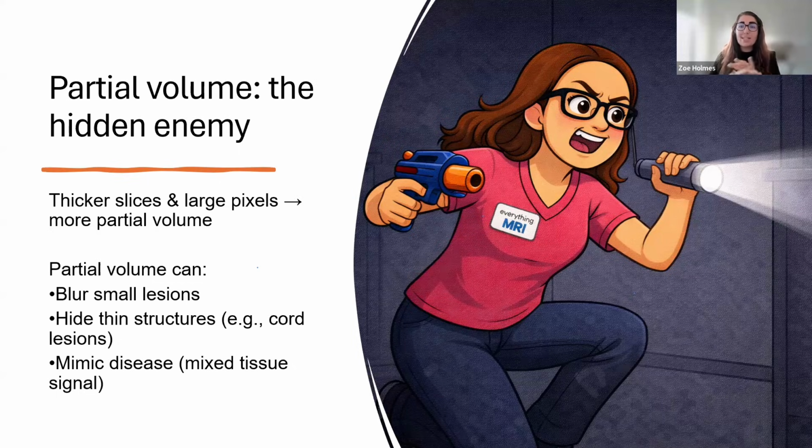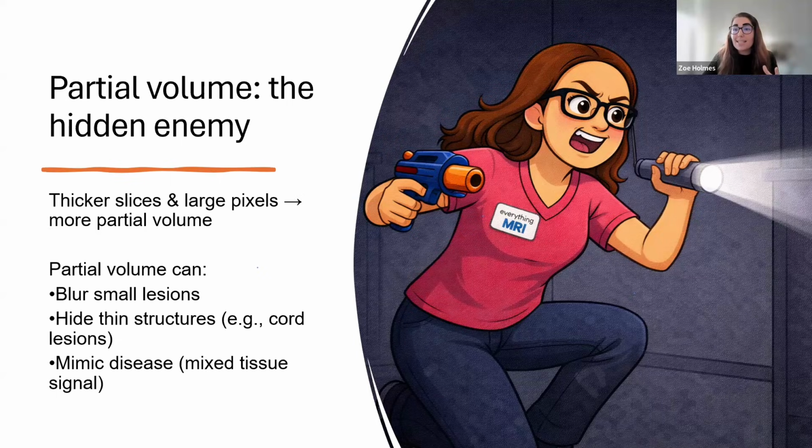That can make the pathology disappear or create misleading, intermediate, or indeterminate signal. This is why thick slices can hide small lesions, even if the sequence has really good contrast. Partial voluming is not random noise. It's the systematic blurring caused by voxel size, because the voxel is picking up signal from different tissues and averaging it out.